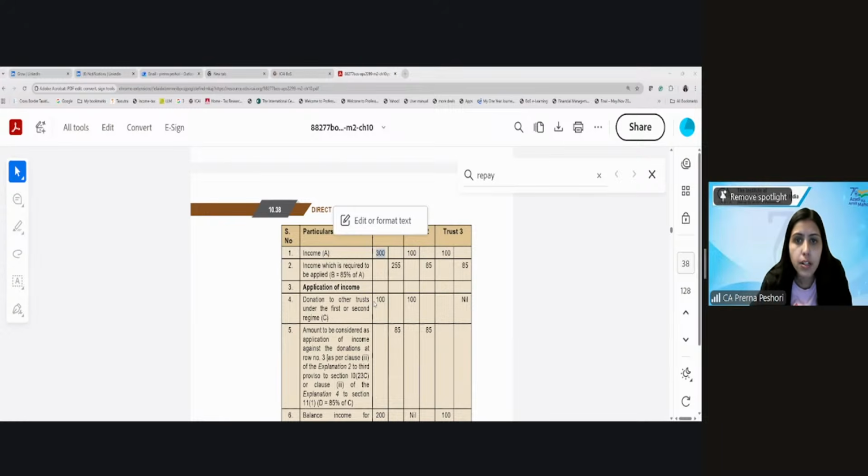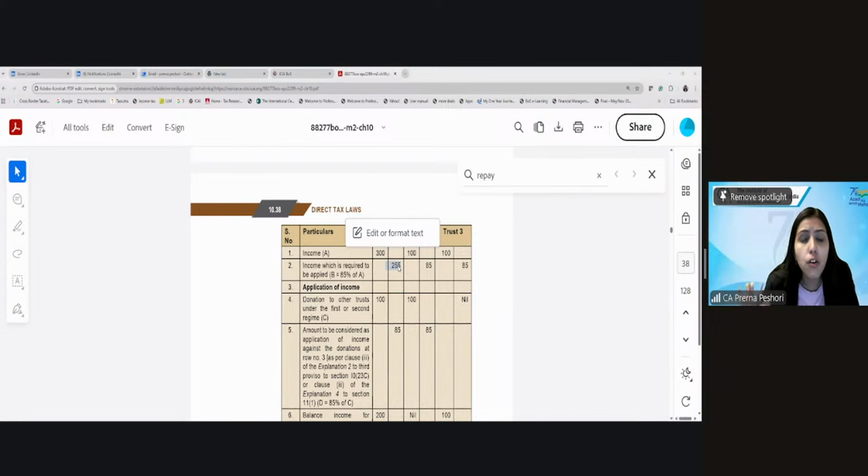But from this 300, what is the ad hoc application? 15%. 15% comes to how much? 45. So 300 minus 15%, 255 is available to me for the application of income. So income which is required to be applied is 255. Correct?